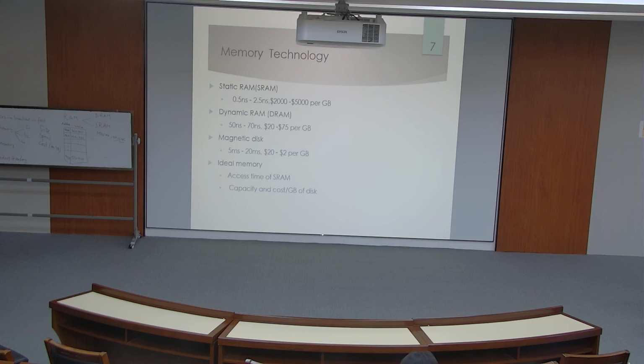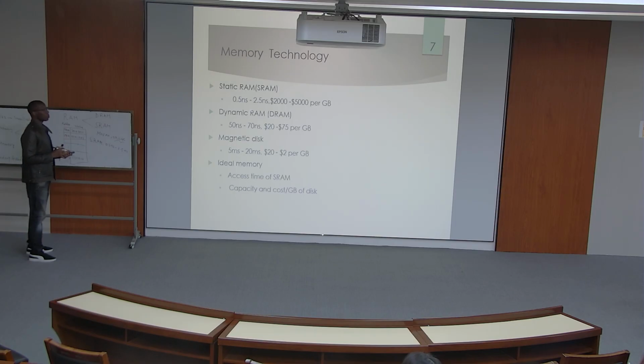Now, here we have memory technology and the memory access time. We have the static RAM, SRAM. The memory access time for static RAM is between 0.5 nanosecond up to 2.5 nanoseconds. And you see that the cost per GB is between 2,000 USD and 5,000 USD.